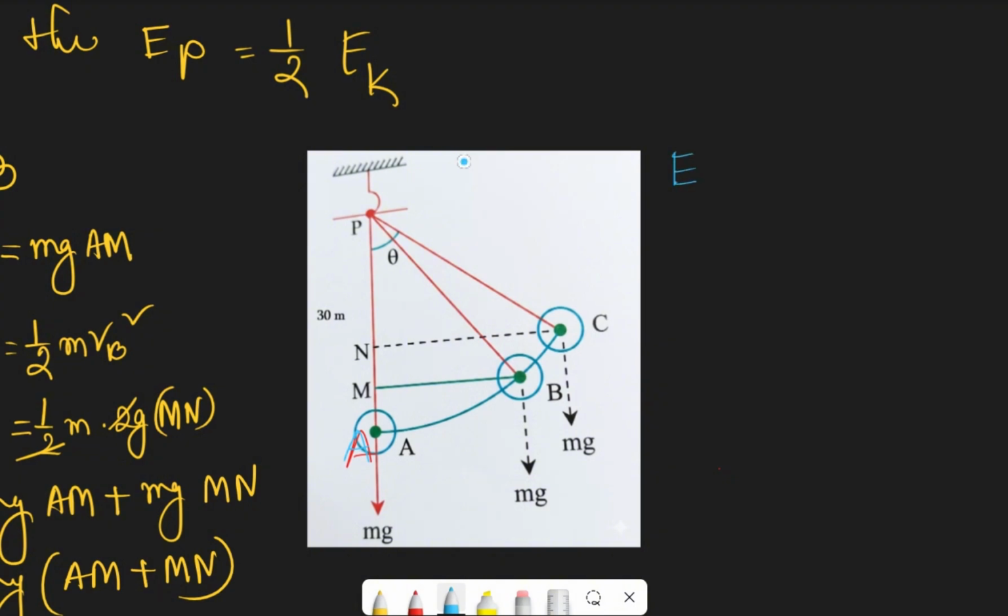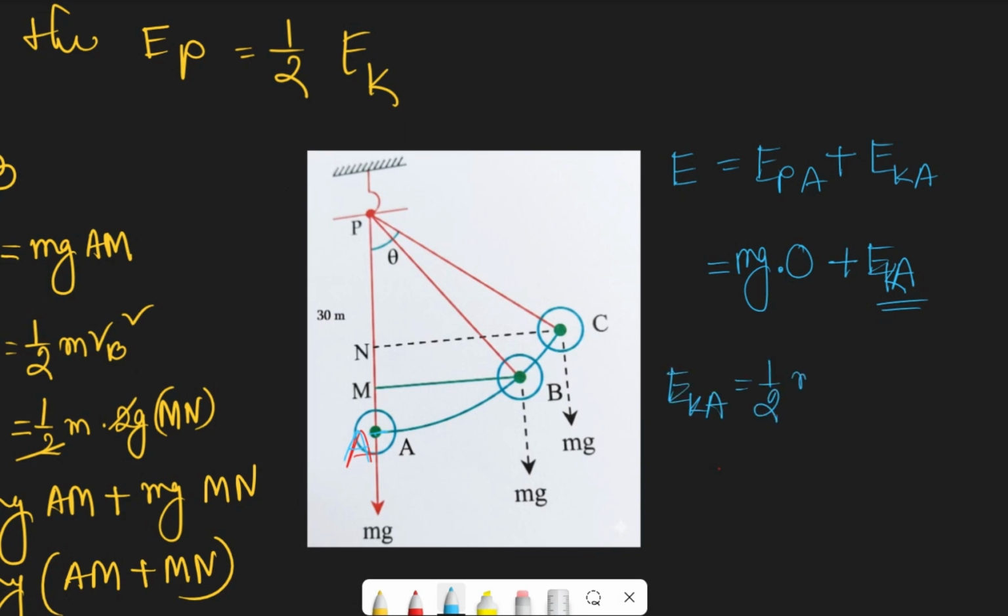Total energy at A point is equal to EPA plus EKA. So EPA means mg times height, and at A point there is no height, so it will be 0. And EKA equals half m vA square.